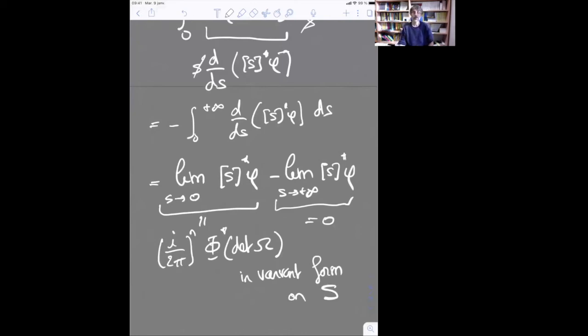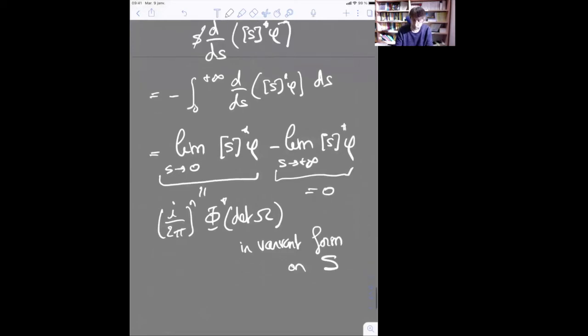But okay. In general, this invariant form could be non-zero. So we want to prove now that in our situation, this invariant form is in fact 0.